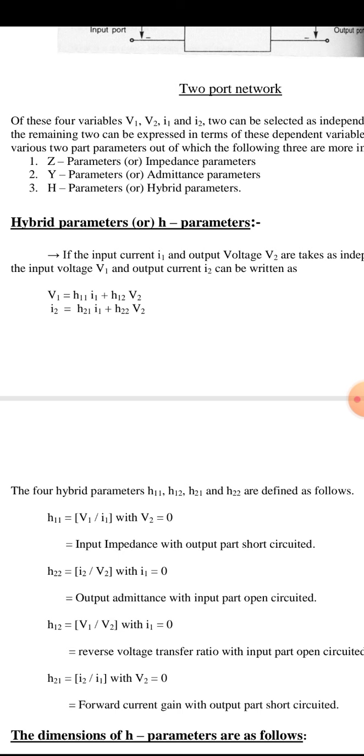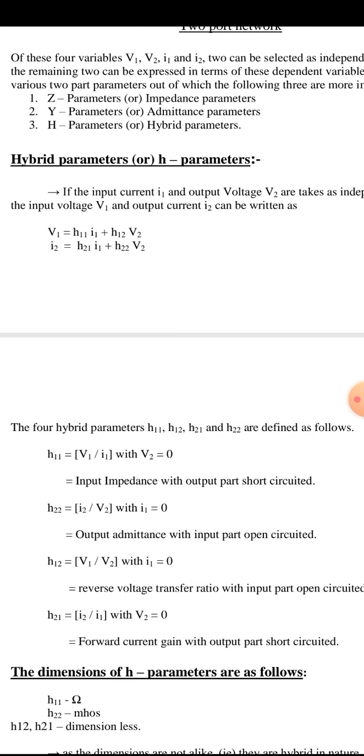Similarly, calculate H22. For the calculation of H22, the input side of the transistor is open, and it is called the output admittance. Calculate I2 upon V2, when the input current I1 is equal to 0.